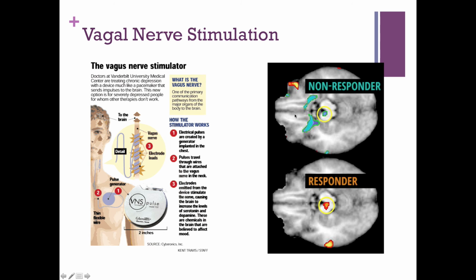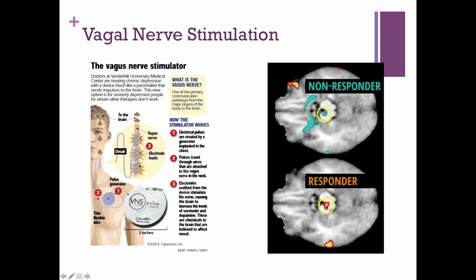In non-responders, you still see the same alterations. Blue on a scan like this means low, like cold. You don't have enough of that neurotransmitter. So people that don't respond to it still have low levels of the neurotransmitters that you want. But ideally what this does is signal to these brain regions to make more serotonin, dopamine, norepinephrine.